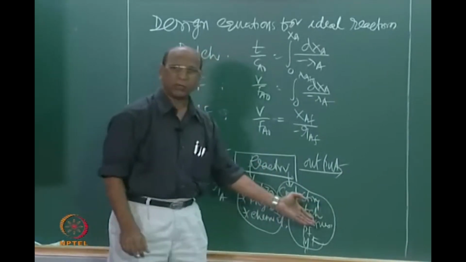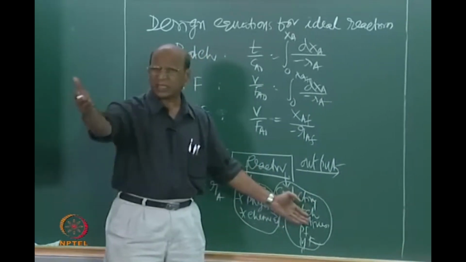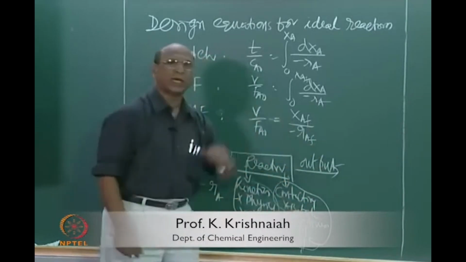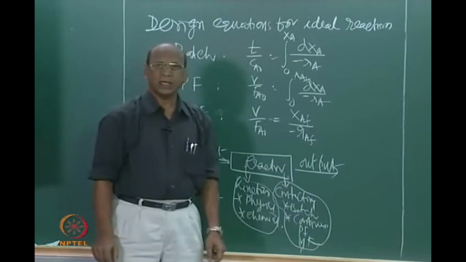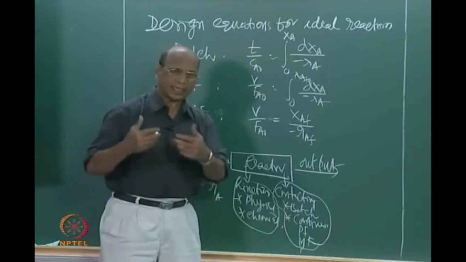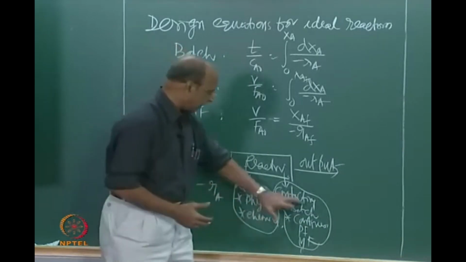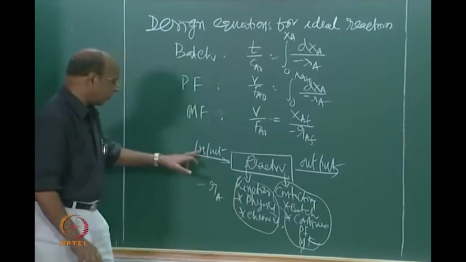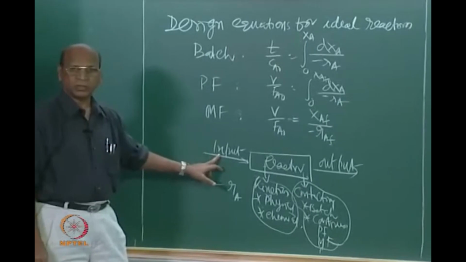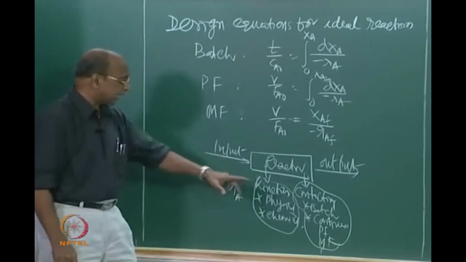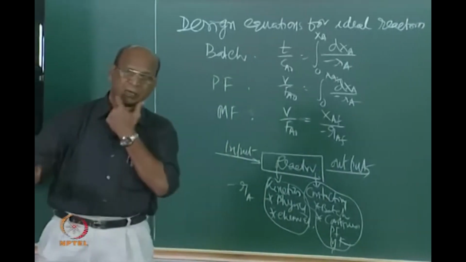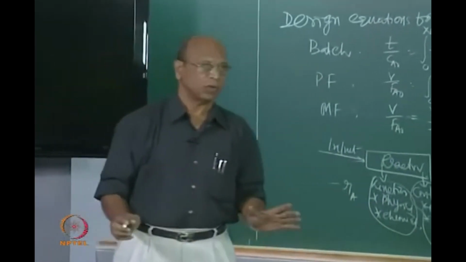This suddenly will not give you the rate, as someone was saying, Abdul was saying, conversion. How can you get conversion the moment you take contacting? To get conversion, you need what kind of reactor you are going to use, what is the rate expression, and what is the input. Then output will be volume if conversion is known, or conversion if volume is known, that is all.